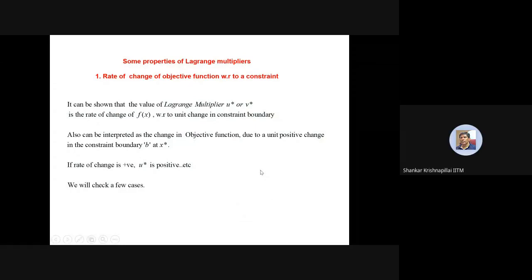Okay, so we are going to see why this sign is so. Why u is negative and v can be any sign. The meaning of Lagrange multiplier nu or u is equal to df by dh, the rate of change of objective function with respect to unit change in the constraint boundary.